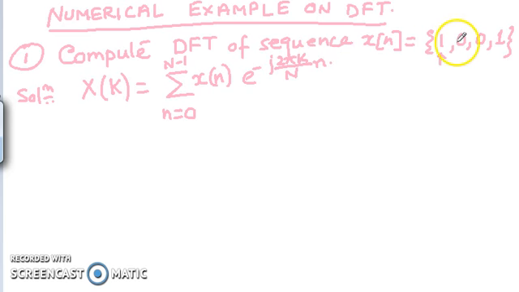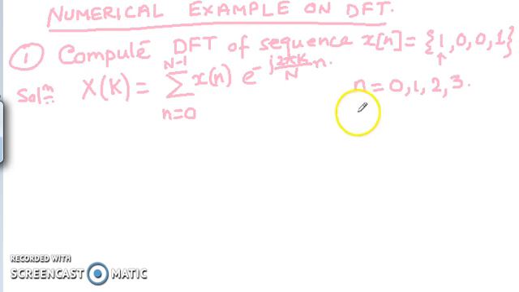Since 4 numbers are there, it will be called a 4-point DFT. We know the index value of k ranges from 0 to N minus 1. Here the time index n will be 0, 1, 2, and N minus 1 means 4 minus 1, that is 3.